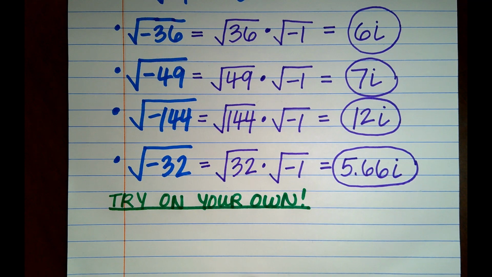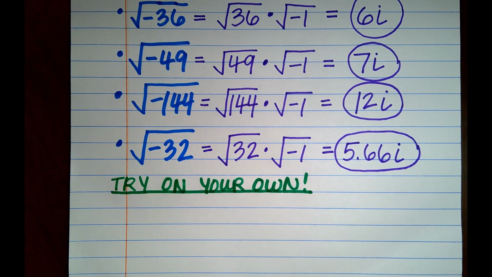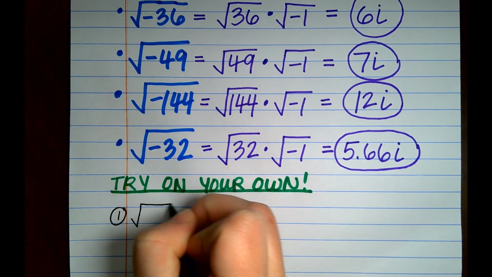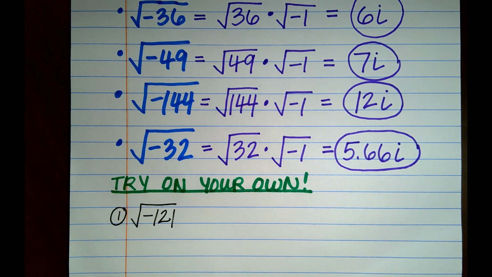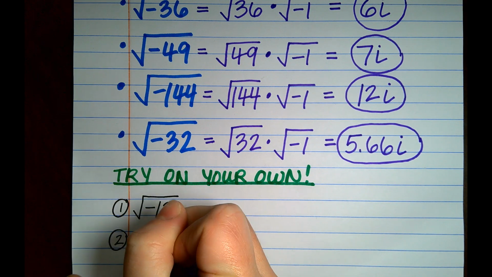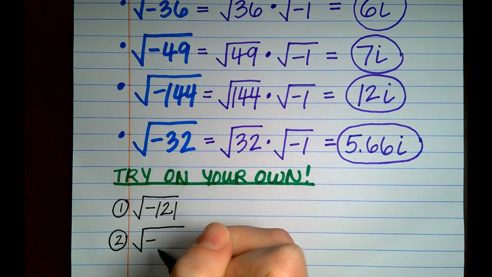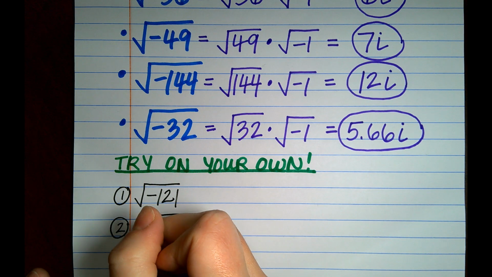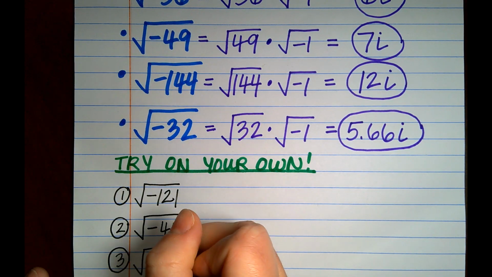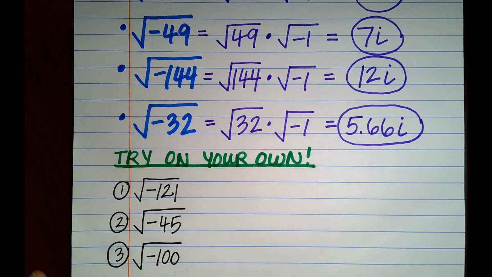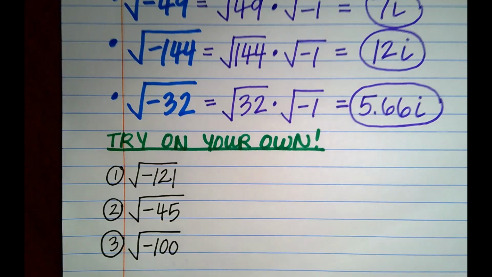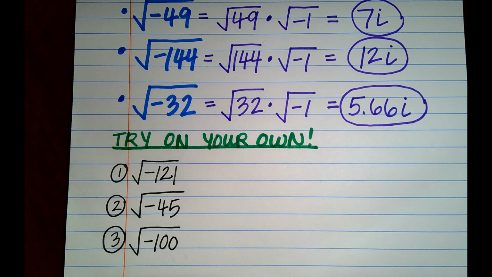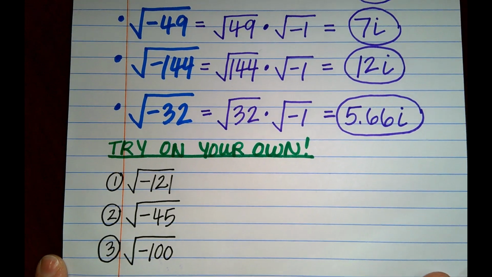Let's do the square root of negative 121, the square root of negative 45, and the square root of negative 100.